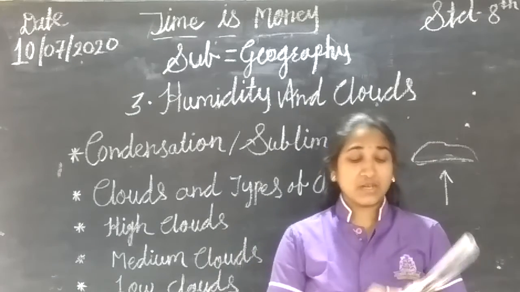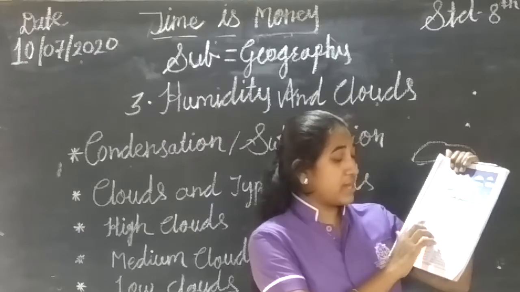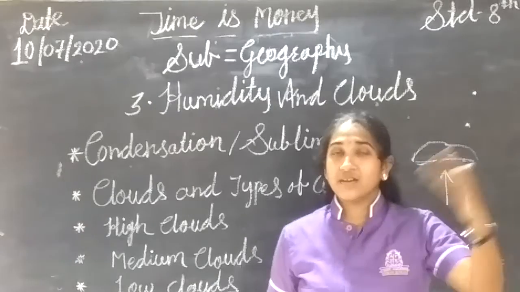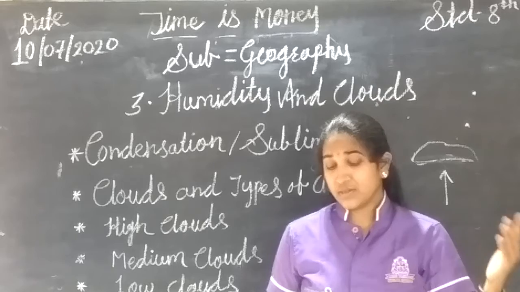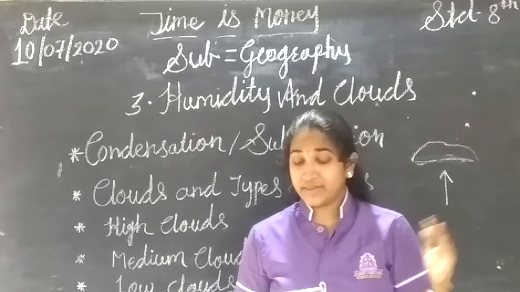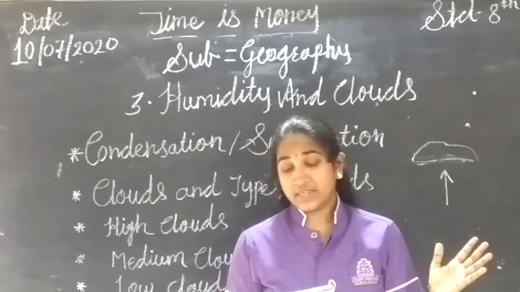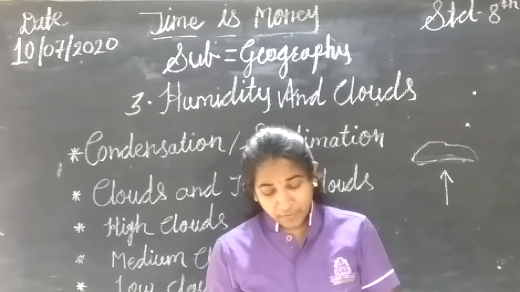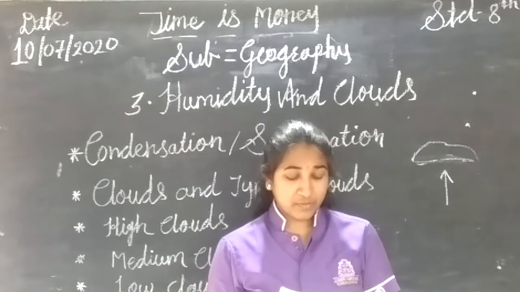There is a table given of cloud types according to the international classification. The clouds are classified and given names, with the general altitude in meters. Clouds are formed at different altitudes in the atmosphere.